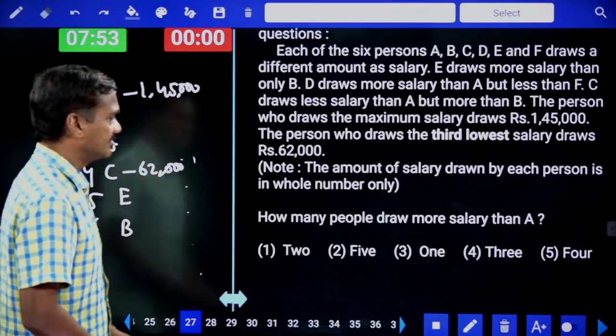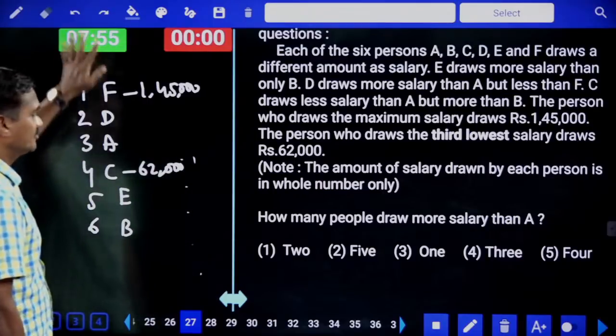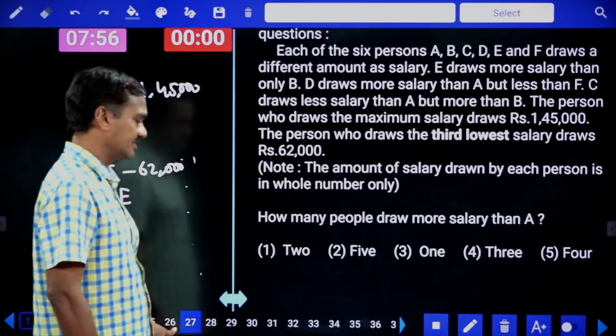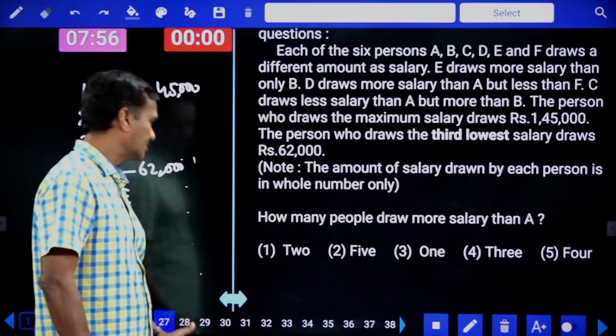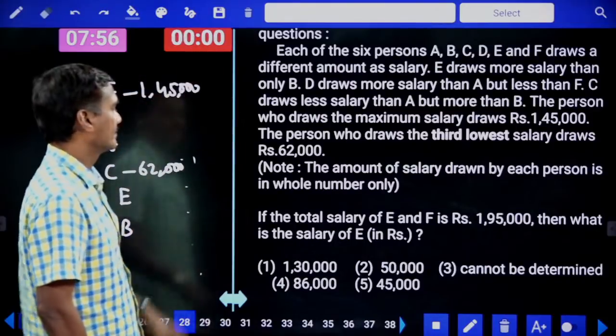Now in this, how many people draw more salary than A? There are only two people, two, that is given in choice 1, question number 27. Then 28.